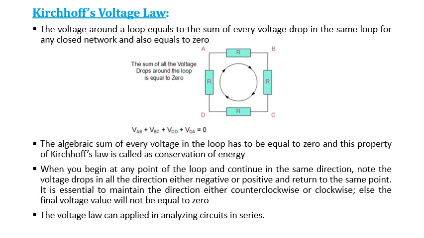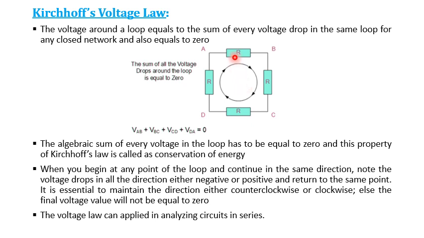Kirchhoff's voltage law. Like Kirchhoff's current law, Kirchhoff's voltage law is also defined in the same way. Here we can consider a loop with n number of resistances connected in it.